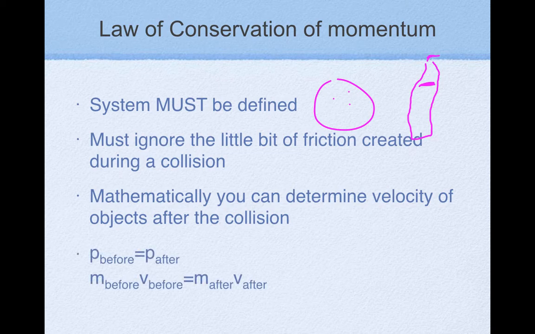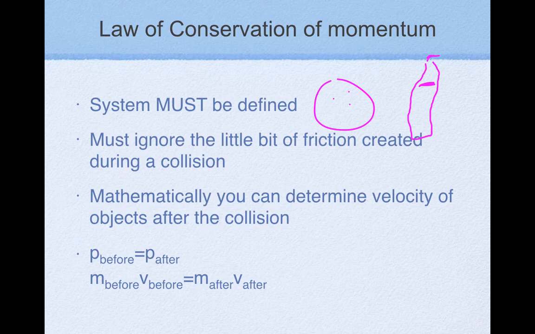Okay, so if the momentum before equals the momentum after, we've got the mass before times the velocity before equals the mass after times the velocity after. And really, you've got to split this up into even a little bit more.